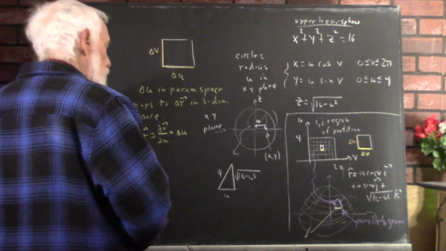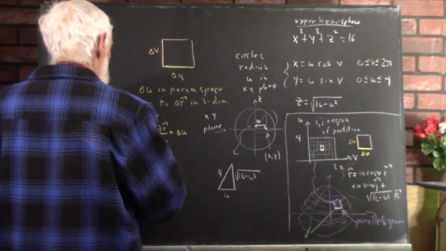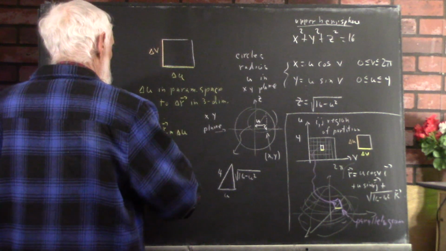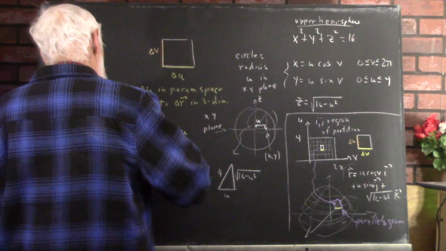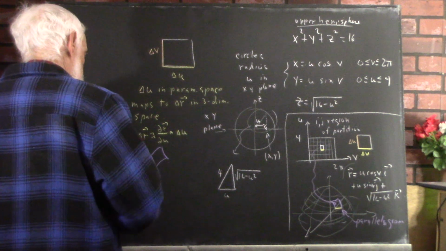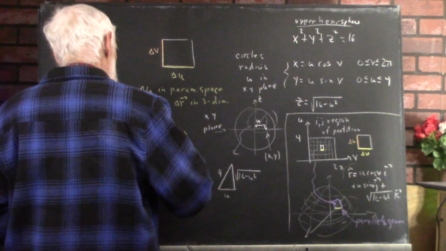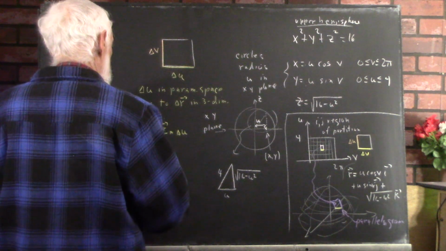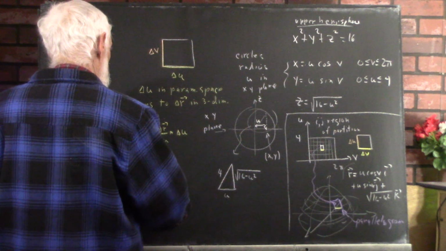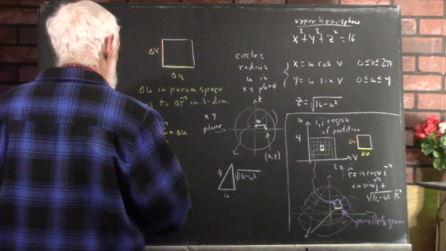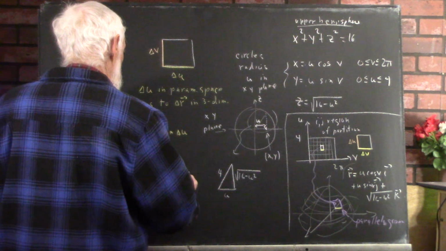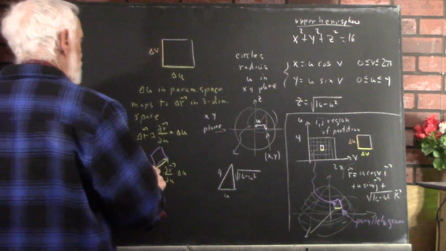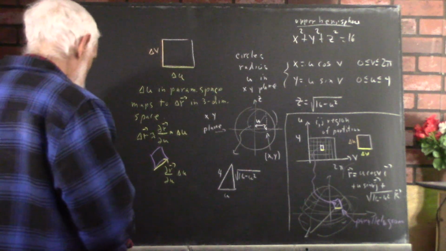So that on our surface, here is partial of R with respect to U, delta U.